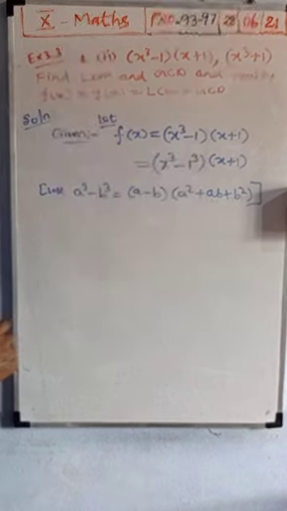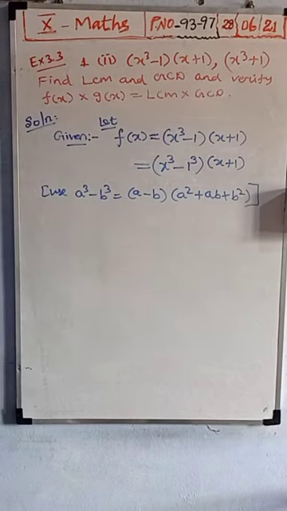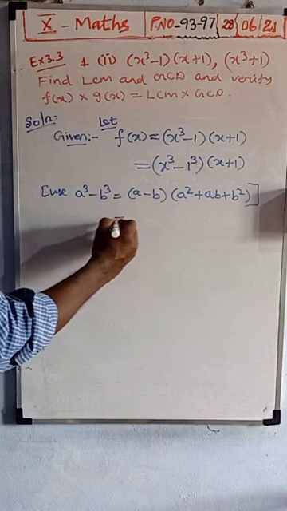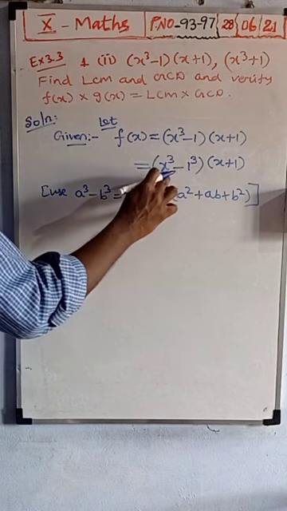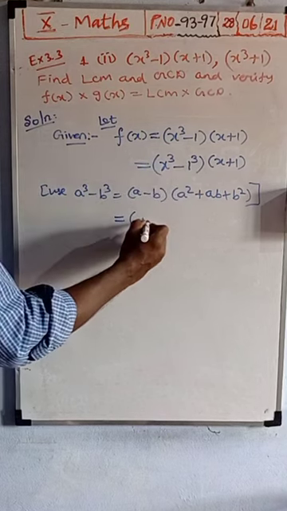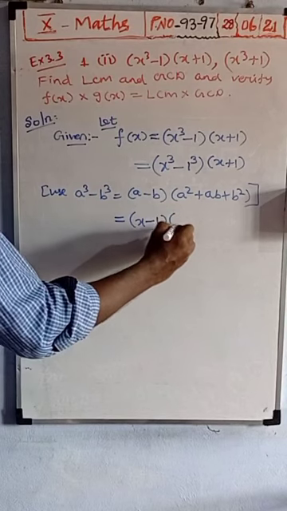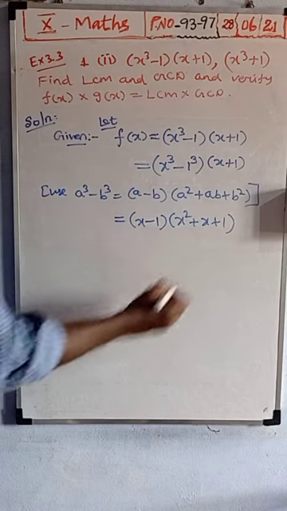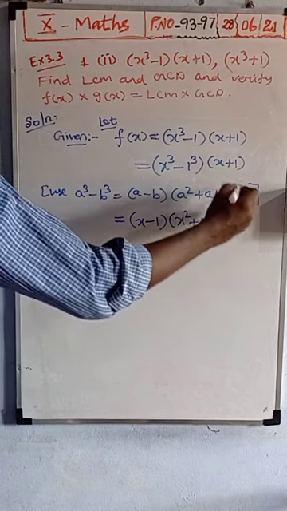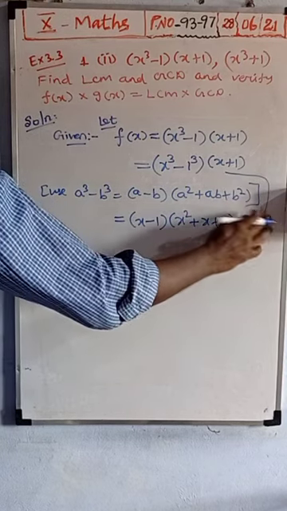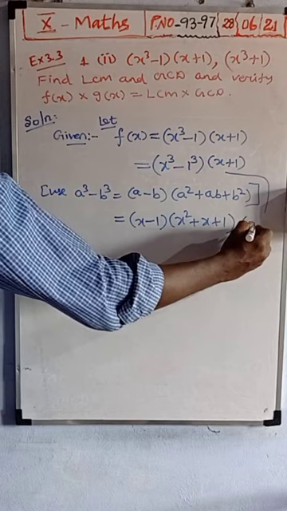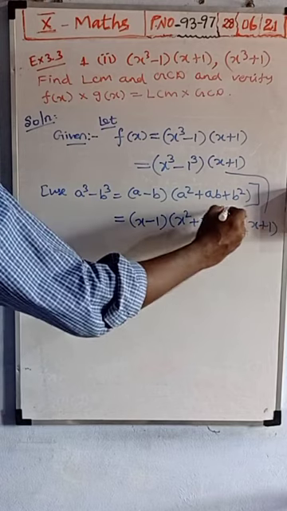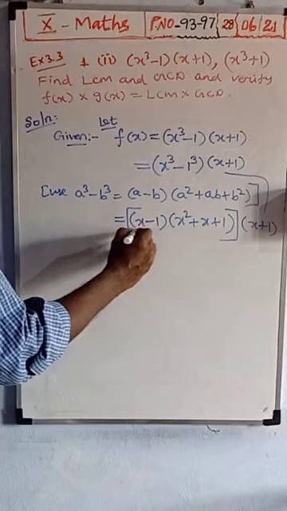This is the a cube minus b cube formula. Apply it, means here what you will get: instead of a, x; instead of b, 1. So x minus 1 of x squared plus x plus 1 square means 1, of the remaining you should write x plus 1. This is the formula for this.